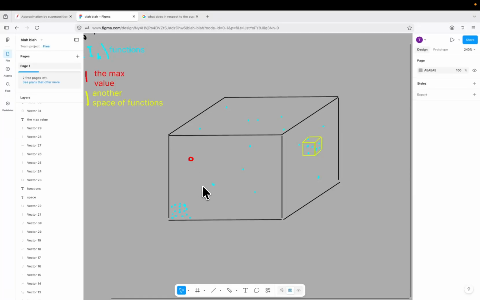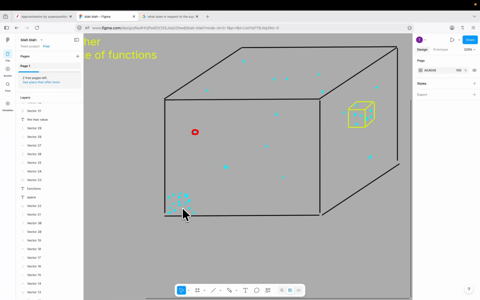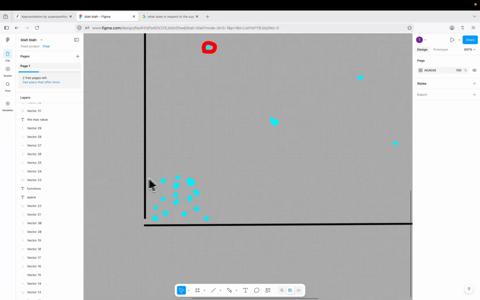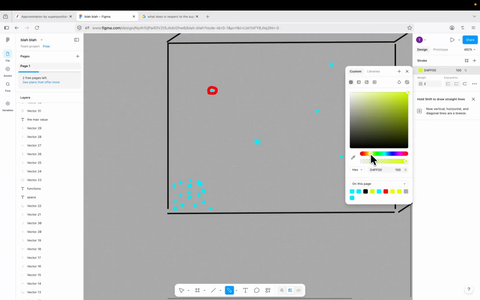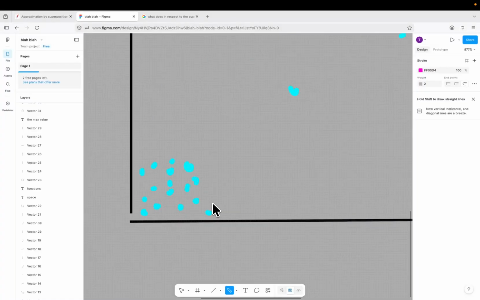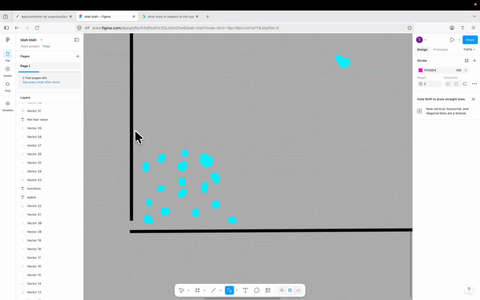And if there is a certain measure that actually makes them different from other functions, let's choose a more fancy color, so we can create a measure that actually separates those functions from others.